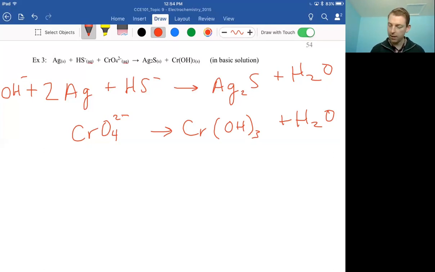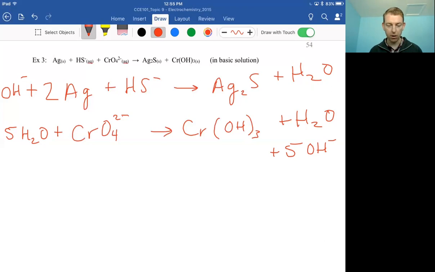So we'll need to add 5 H2O. And then we also need to add on 5 OH negative onto the products, just to balance out the rest of it. And all we're left with is the additional hydrogens that we needed in the reactant side to make this work.